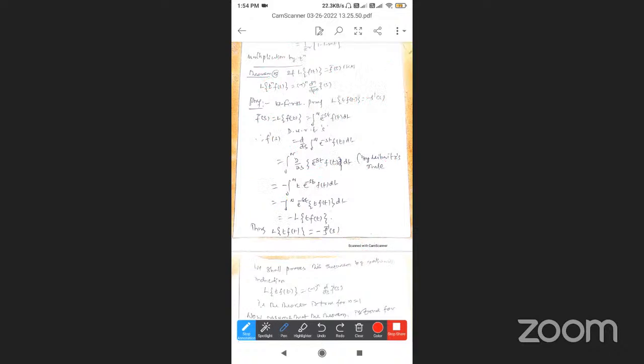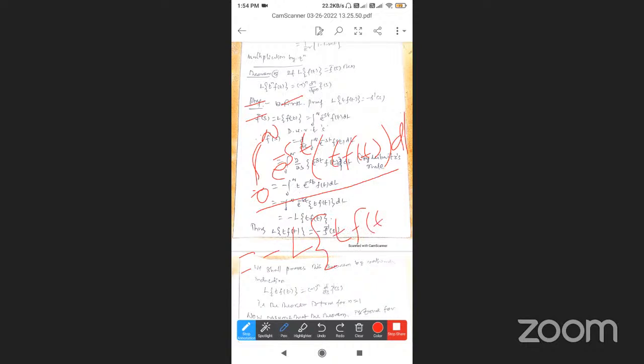And we write this is equal to minus 0 to infinity e power of minus st t into f of t dt. Symbolically this is the Laplace transform of t into f of t, denoted by Laplace transform of t into f of t.